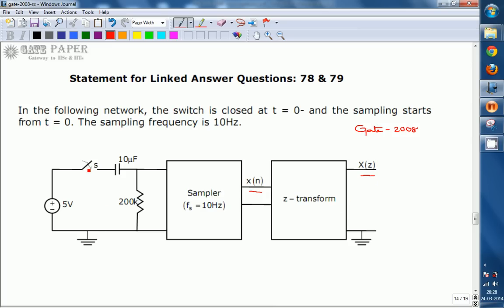So by observing, the switch is closed at t equals 0 minus, but the sampling starts at t equals 0.